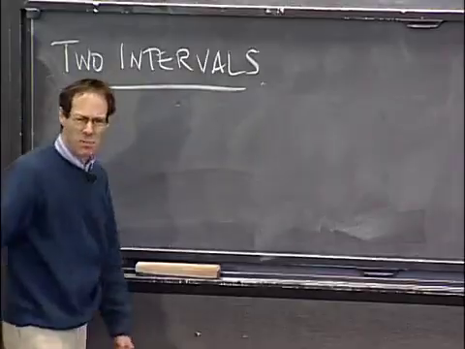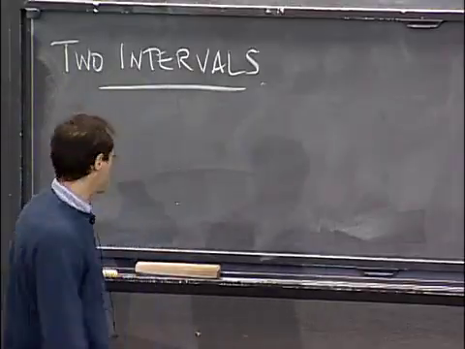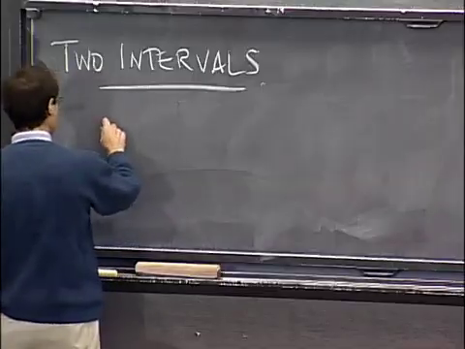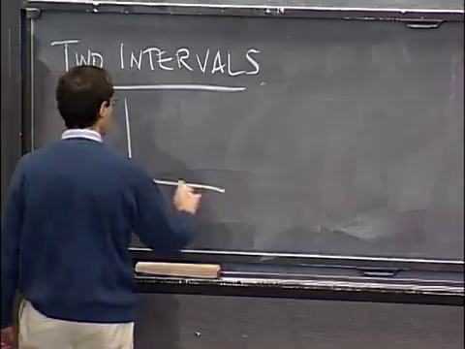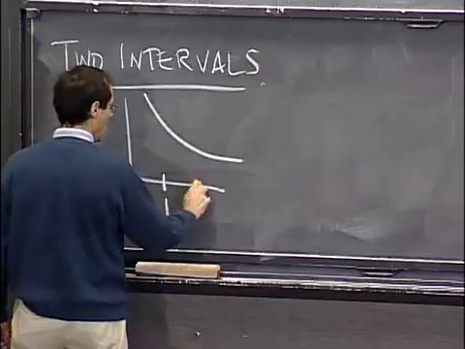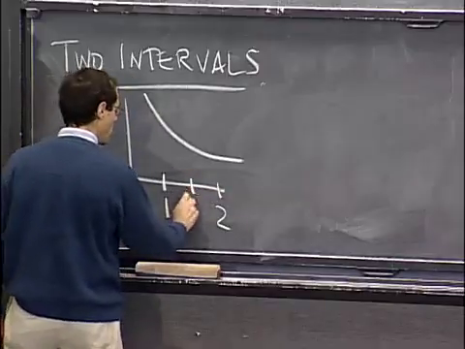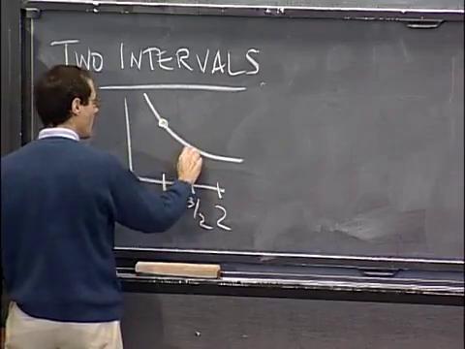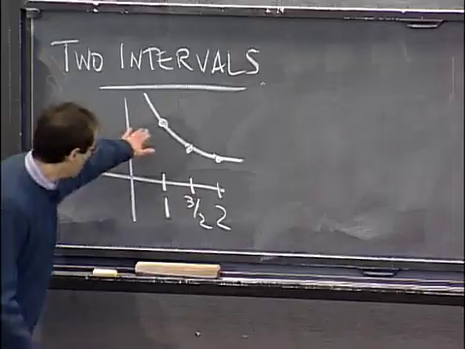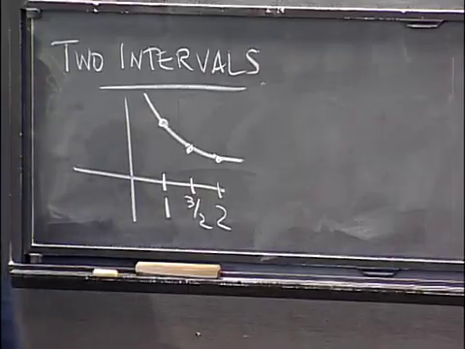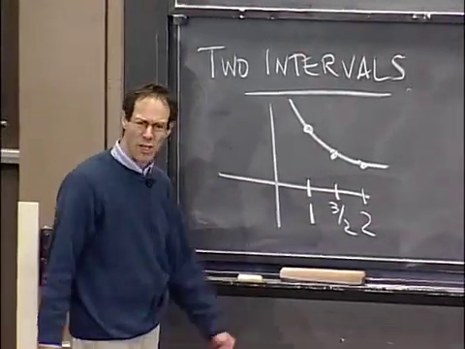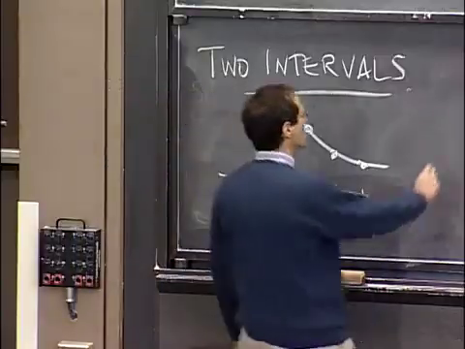Now, you really can't expect things to work so well with 2 intervals. That's a pretty ridiculous approximation to your function. You're looking at the graph of this hyperbola, and you have 1 here, and you have 2 here, and you have 3 halves. You're really only keeping track of the values at these 3 spots. So the idea that you can approximate the area just by knowing the values at 3 places is a little bit of a stretch of the imagination. But we're going to try it anyway.